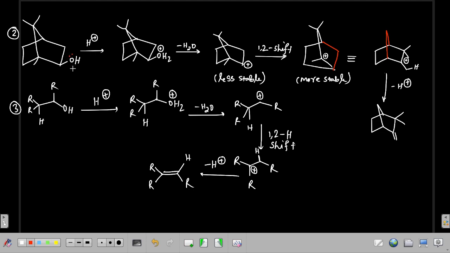This will abstract a proton from the reaction medium and it gives OH2 plus, and later it leads to removal of this H2O and leads to the formation of a carbocation, which is a less stable 2 degree carbocation. Now, this methyl will not shift because this is a bridgehead carbon. If the methyl shifts, it will form a bridgehead carbocation, which is not stable.